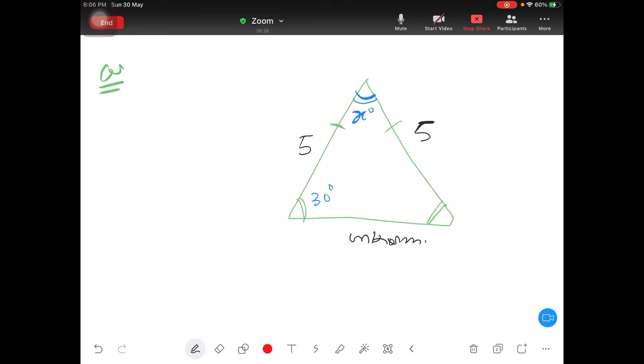Draw this diagram in your notebook. Very good. Now see, can you help me solve this question? Try.